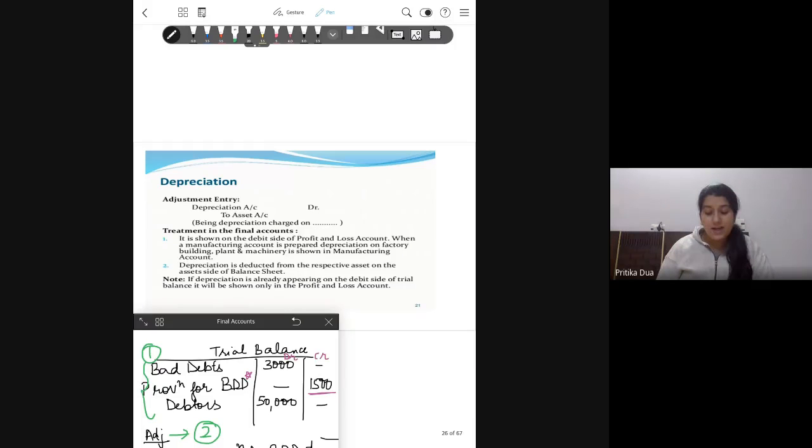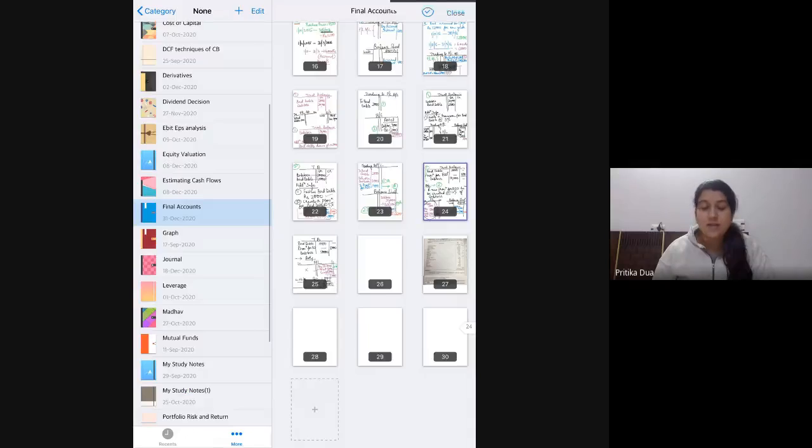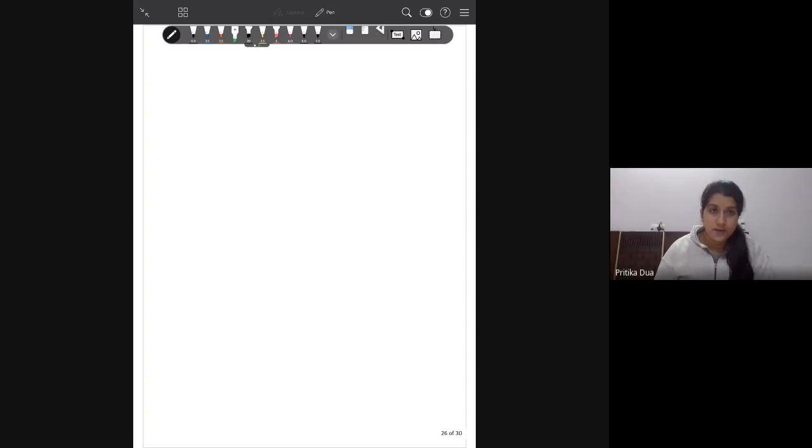How do we treat depreciation? Now, depreciation is an expense for the business. Okay, so it will again, as an adjustment, have two effects, say in the trial balance.